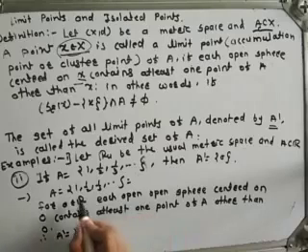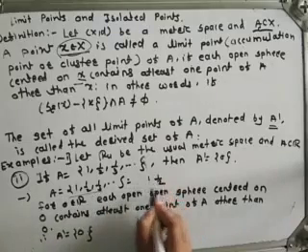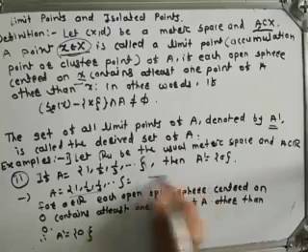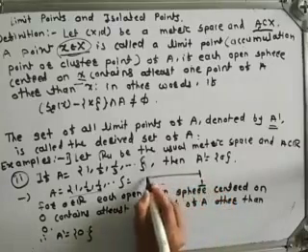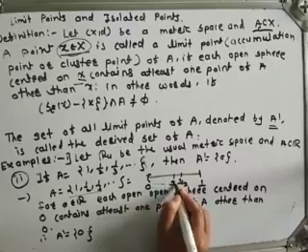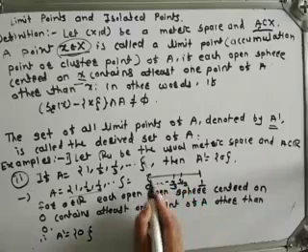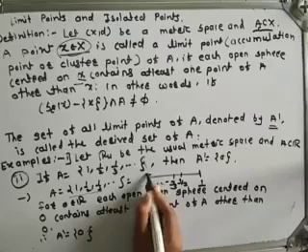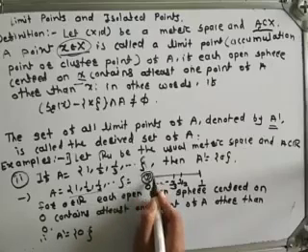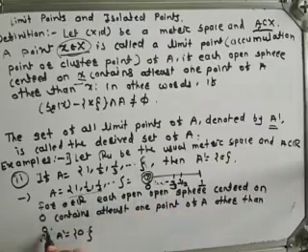See here, this set is 1/2. Sorry. Suppose this is the interval from 1 to 0. Here are 1/2, 1/3 and so on. If you draw each open sphere centered on 0, it contains at least one point of A other than 0.